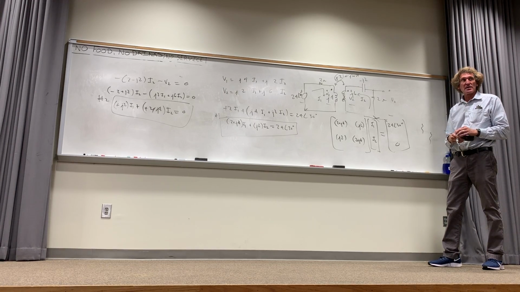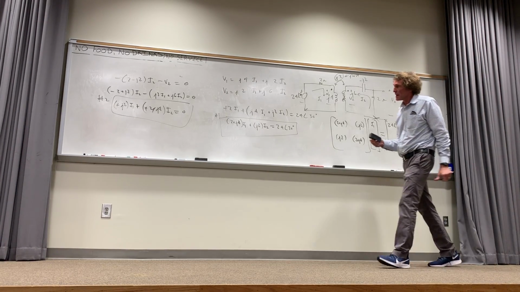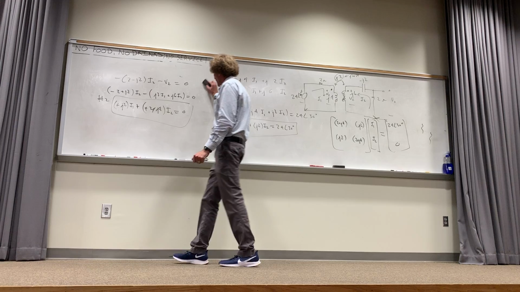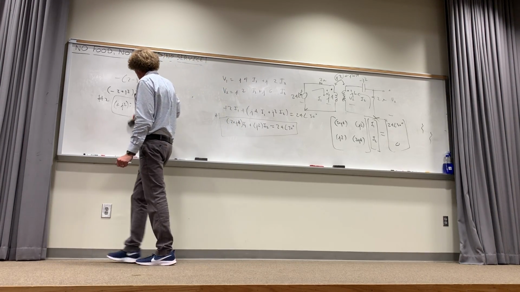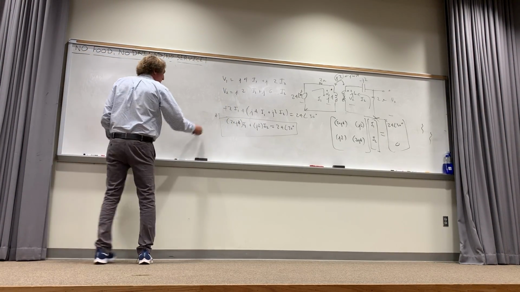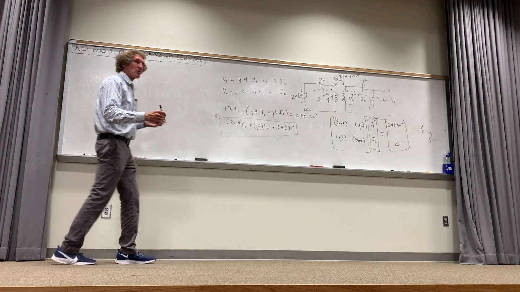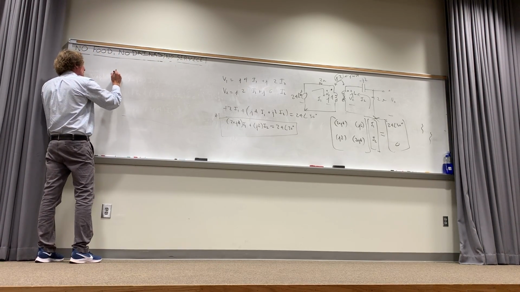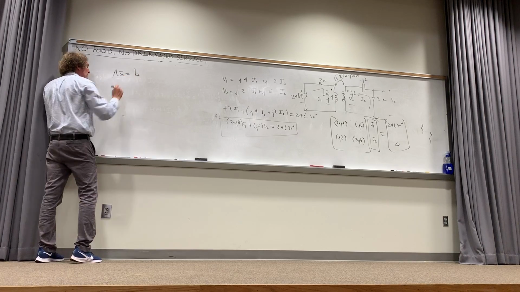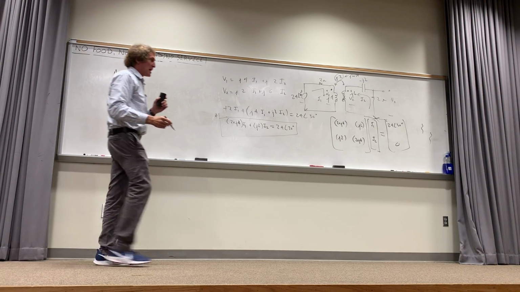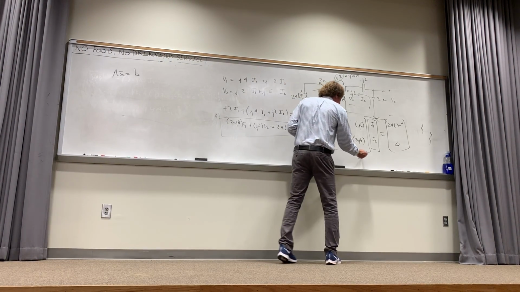Now get your calculators out, see if you can do this with me. I'm going to erase this so I've got some room to operate. So this is the basic form that we talked about earlier, where you have AX equals B form. This is A, this matrix.